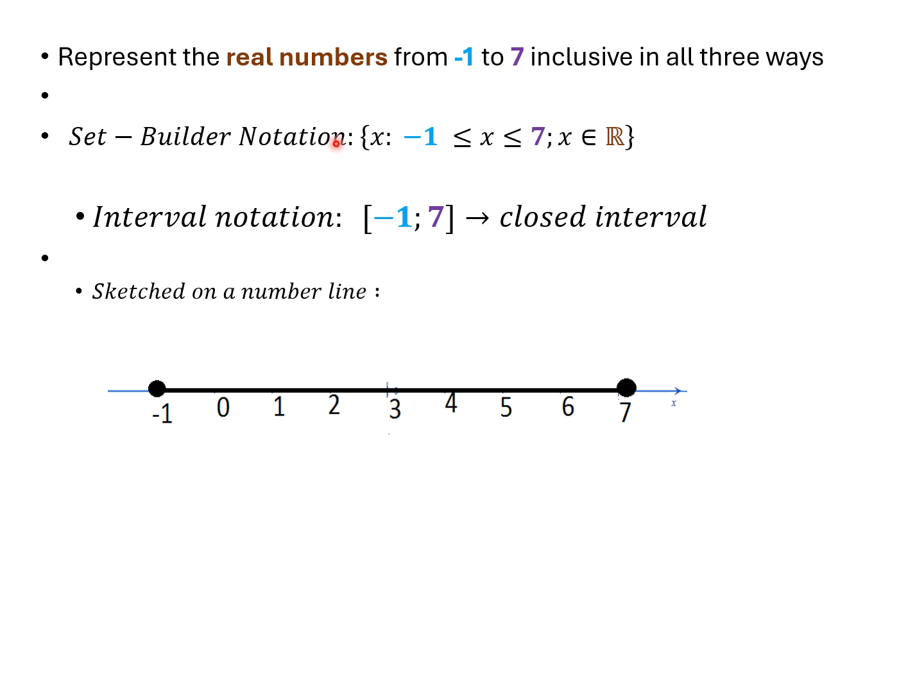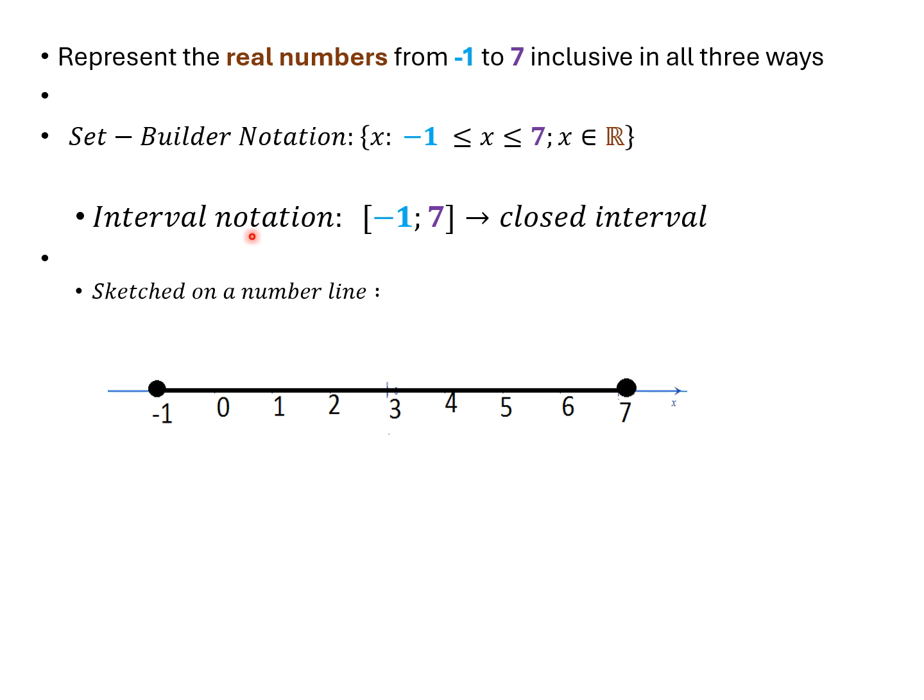So in set builder notation, x is such that x is less than or equal to the biggest value, 7, and greater than or equal to -1. The equal sign comes from the fact that we're starting from -1 on the dot and we're going exactly to 7. Real numbers, so therefore x element of real numbers. Curly brackets for set builder notation.